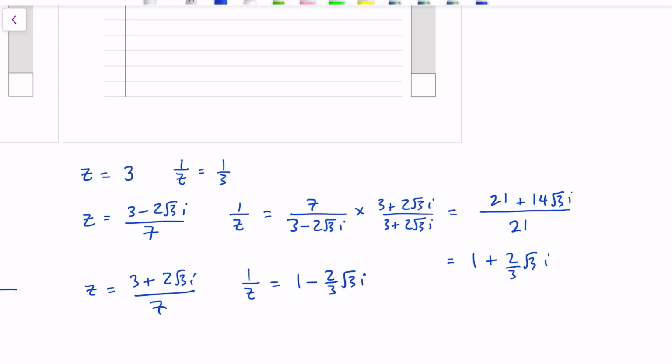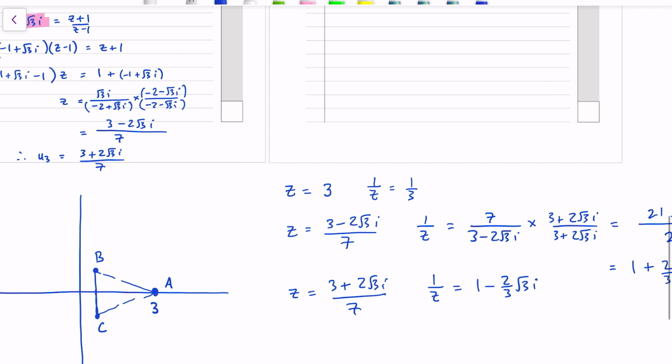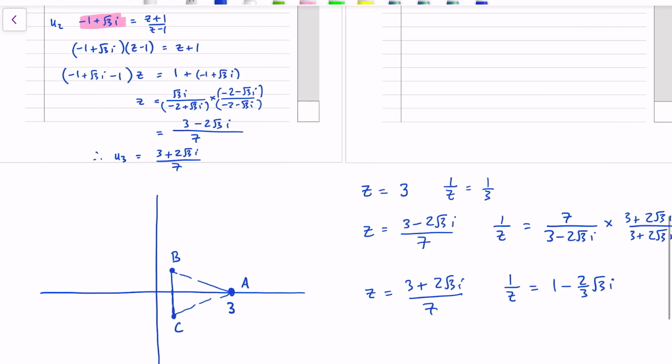So we need to plot these on the diagram as the points D, E, and F. Hence why I was doing things to scale. Let's use a different colour for the 1 over z ones. Remember that B and C had a real part of about 0.5, so D is in here at 1/3. B had a real part and an imaginary part of about 0.5, so E is going to be double that height, and 2 over 3 times root 3 comes out to be 1.15.